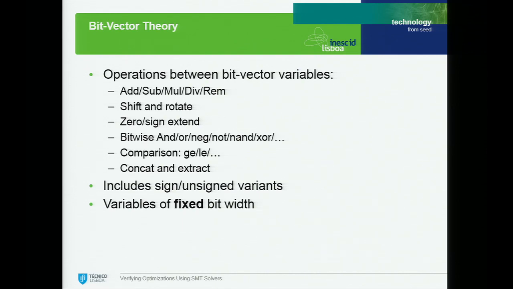The other important thing is that a variable has a fixed bit width. Once you declare variable a with 32 bits, then it is 32 bits forever. Also, you have to declare the variables with a constant bit width. So you cannot say I have a variable a of x bits. It has to be a variable a of 32 bits. We'll see later why this is important.